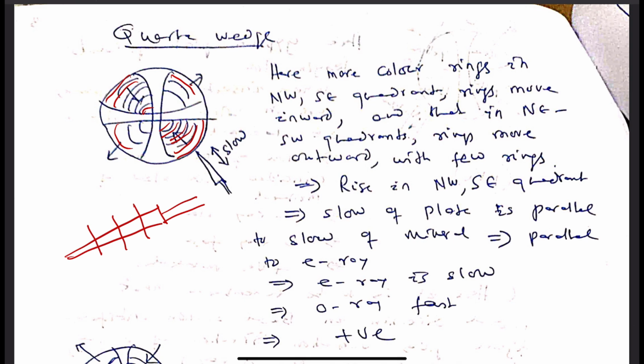Here there will be many color rings. So in the quadrants, when the color rings move inwards, it indicates rise. So the slow direction has been pushed and there has been rise here. So this must be slow. So E is slow, O fast, then positive.